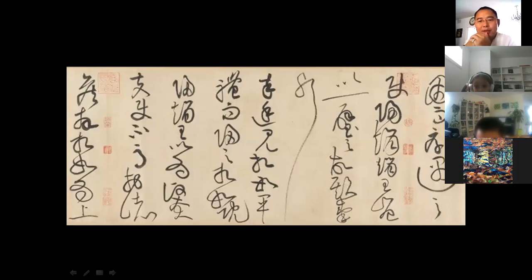And there are many techniques involved. And this is calligraphy. That means they're trying to write down the Chinese characters the best way they can manage. Okay, so this is calligraphy, the first thing that we can find in almost every piece of Chinese painting.